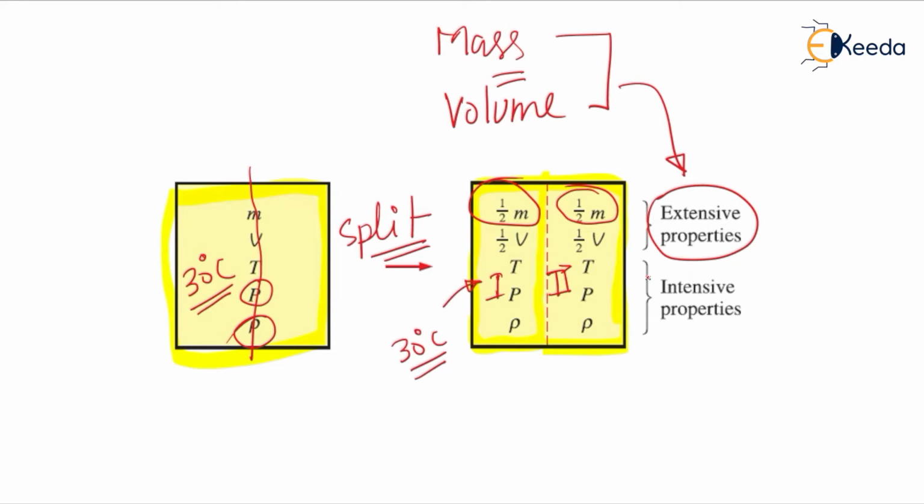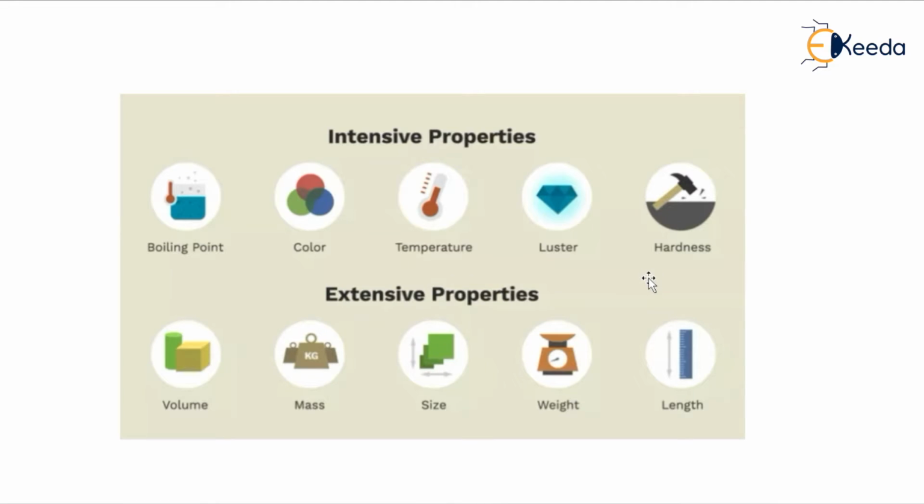So now the next property, intensive and extensive. Just for example, we can take boiling point as an intensive property, color intensive, temperature intensive, luster intensive, hardness intensive, because they are independent of mass. They don't depend on the mass.